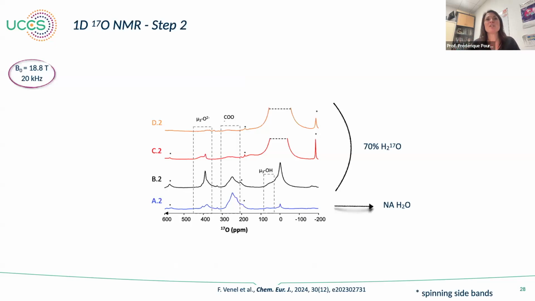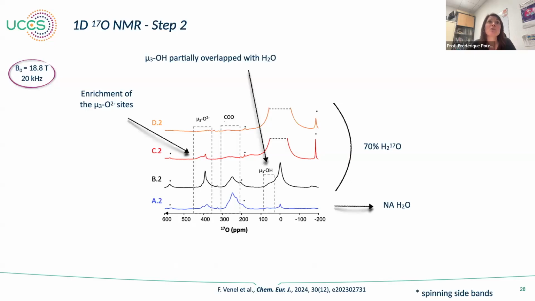So what we can observe here with the oxygen 17 spectra at natural abundance, the sample A2, is first you enrich the mu3-O2-, and you can also see the mu3-OH that has overlapped with the water signal.